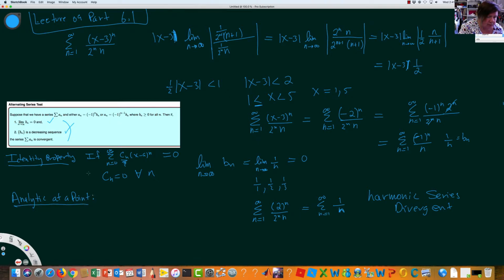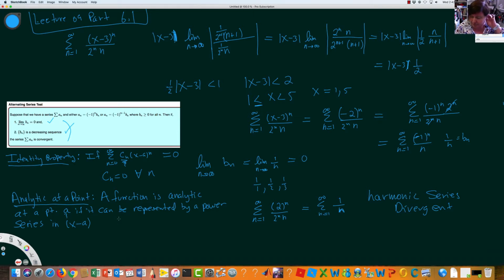We say that a function is analytic at a point a if it can be represented by a power series in x minus a, with either positive or infinite radius of convergence.